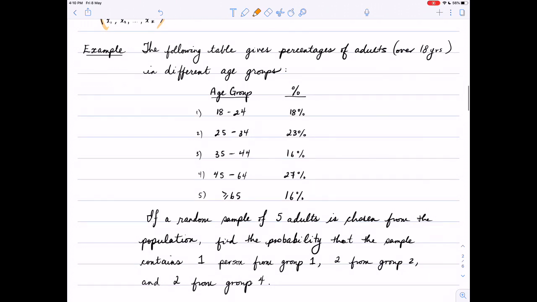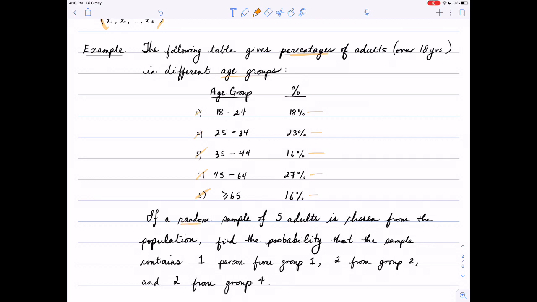So let's look at this example. The following table gives us percentages of adults, those 18 years and over, in different age groups, right? So we have 5 different age groups with associated percentages: 18, 23, 16, 27, 16.